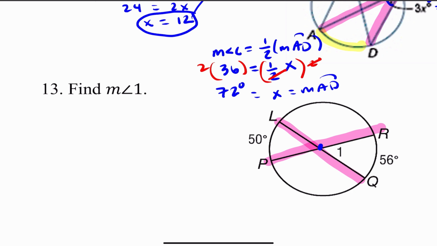You add those two arcs together and then divide by 2. If you were looking at this angle here, you'd look at the top and the bottom arcs, add them together, and divide by 2. But in this case, we have this right angle, so we're going to take 50 plus 56 all over 2, which is equal to the measure of angle 1.